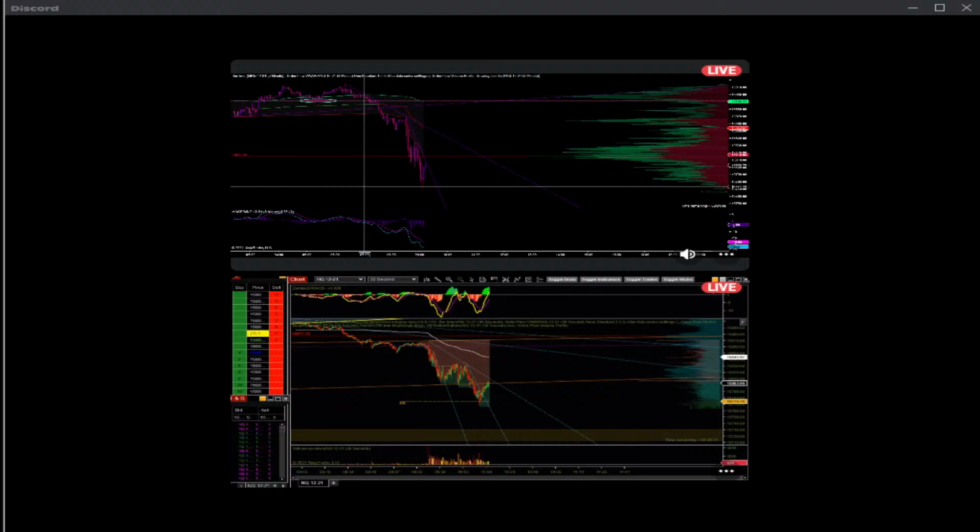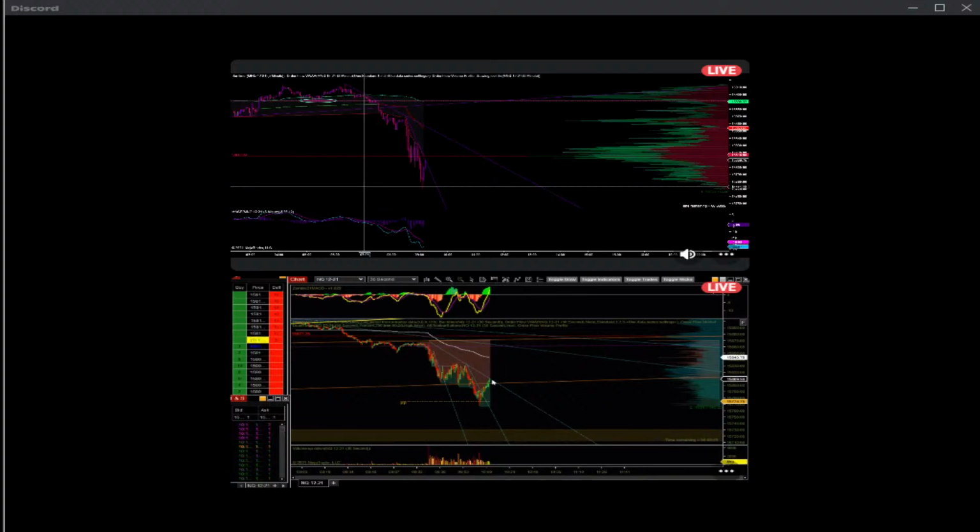3 minutes is starting to turn. Right there's the downtrend. It appears to be breaking it.